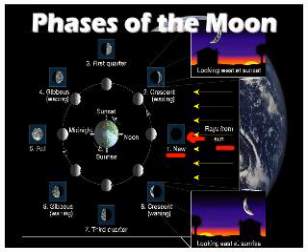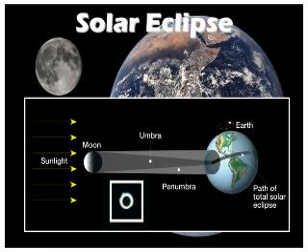The last thing we want to look at is the solar eclipse and the lunar eclipse. A solar eclipse is when the Moon goes in between the Sun and the Earth. When everything lines up, you'll see the image down here, where you'll see a black spot and a glowing crown all the way around the Moon.